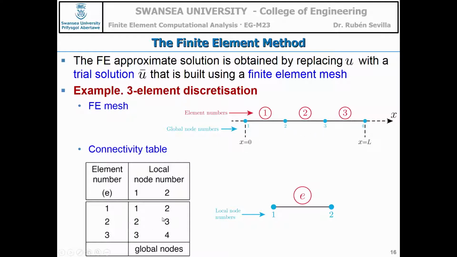And then it's what you see here in the second row of this matrix. Element number 3 has nodes 3 and 4. Right? And the column of this matrix, what is telling you is the local numbering of the element. For example, for element number 2, the first local node is the node number 2 with global numbering.